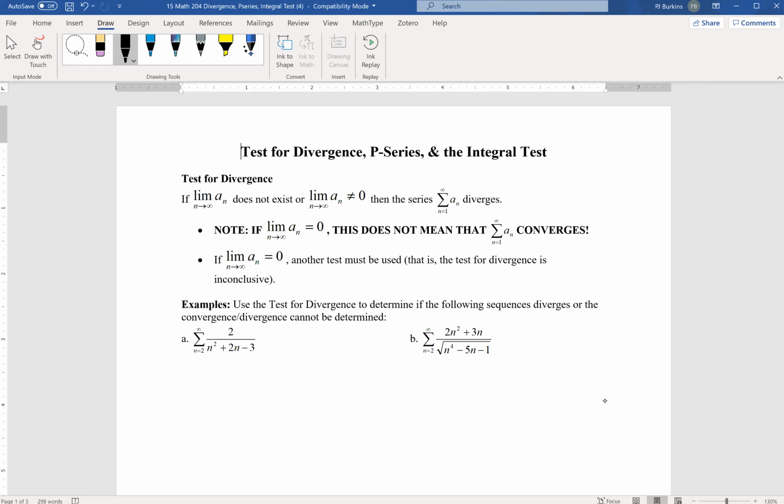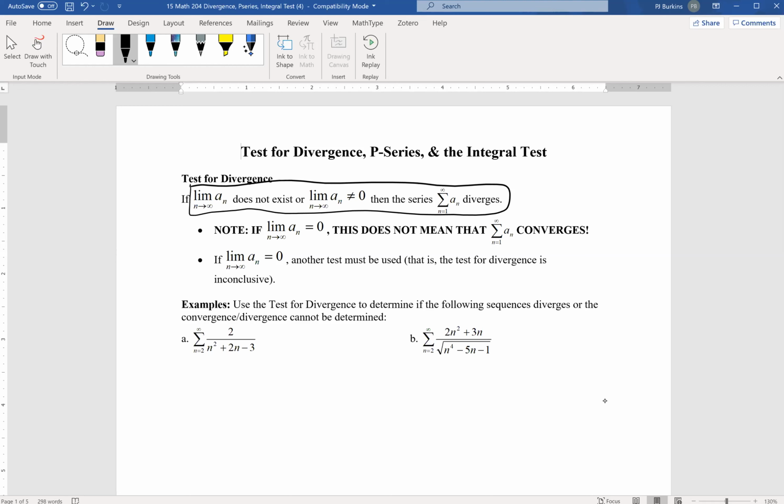And how does it do that? Well, again, you take the limit of the sequence, right, the a sub n term out of the sum. And if it returns does not exist or any number other than 0, it diverges.